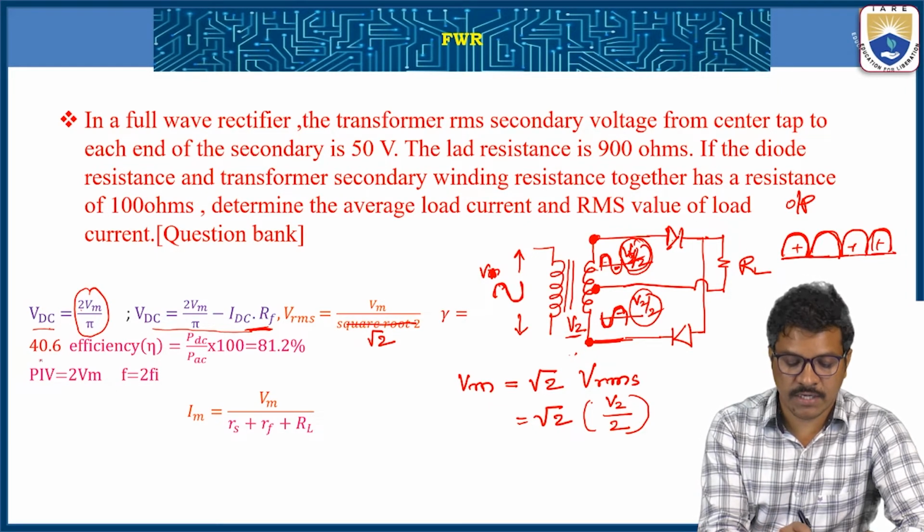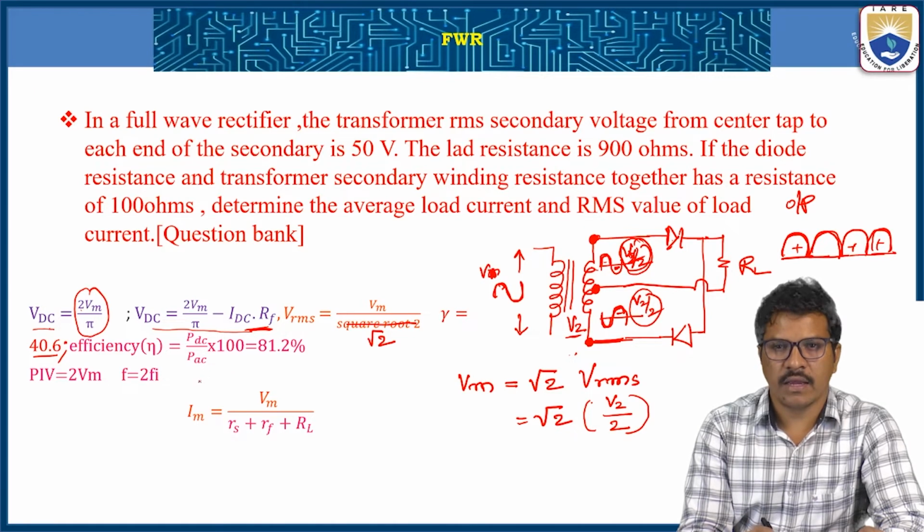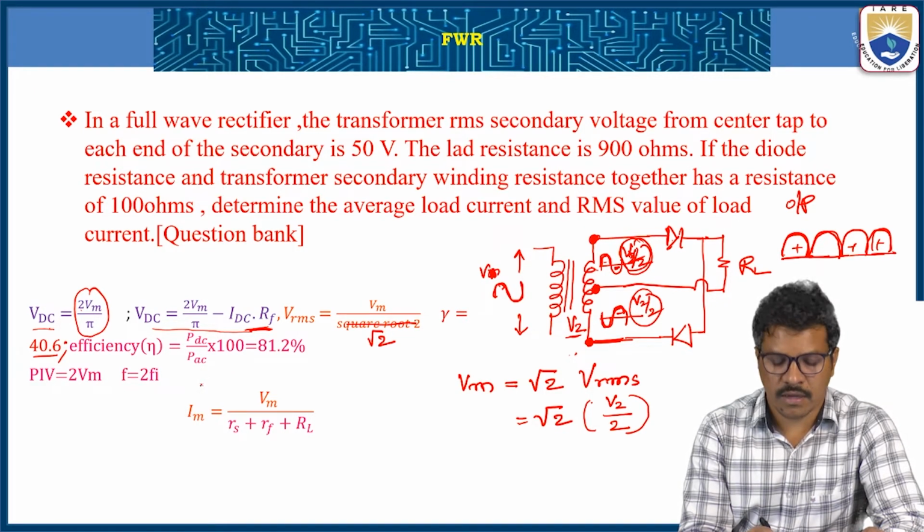You will get 40% ripple factor in the full wave rectifier. And efficiency is the DC power delivered to the load divided by the AC power given to the primary of the transformer, or the AC input to the rectifier, into 100, which is approximately 81% in the full wave rectifier.